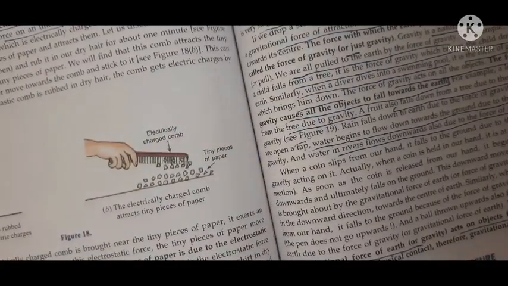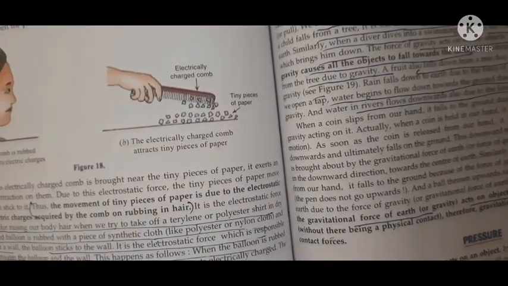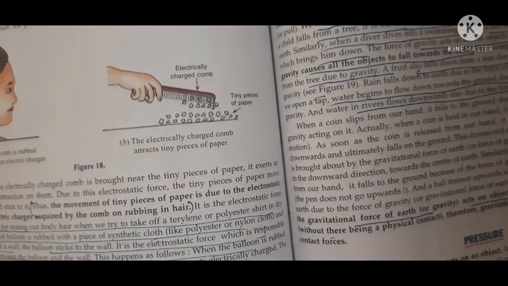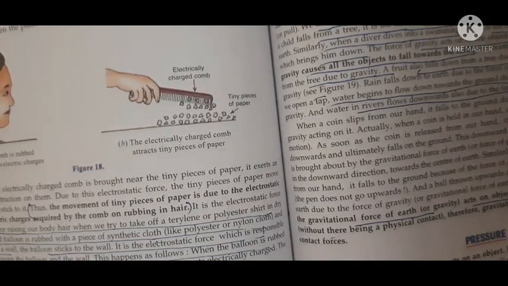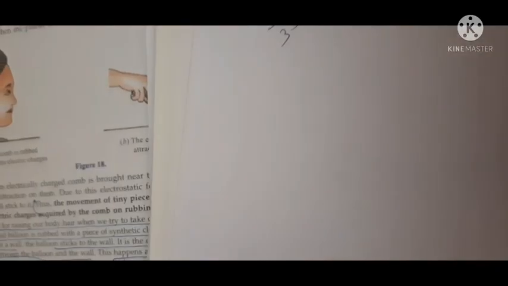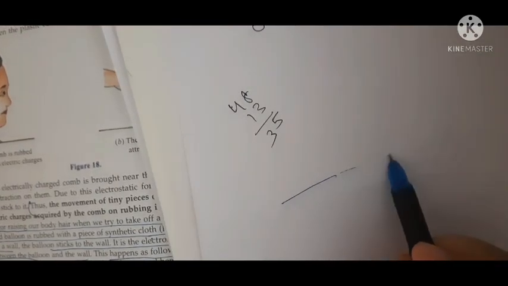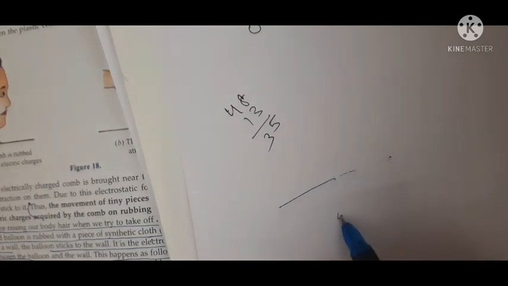Now here from both sides the force is applied, and the magnitude of the force applied is equal from both sides. For example, this is a tug of war. If equal force is applied from both sides, what will happen? The net force will be 0.